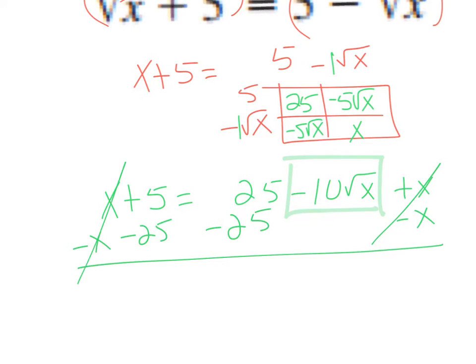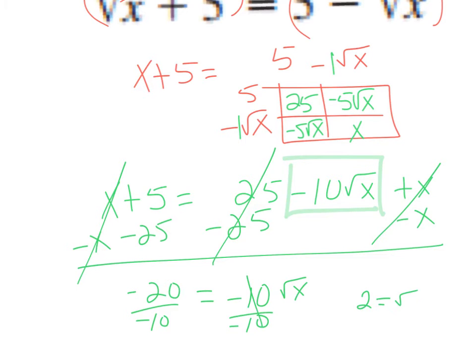These will cancel, these will cancel, these will cancel. You'll get negative 10 square root of x, and this will get you negative 20. Solve for x, so you're going to have to start to get that radical alone. This will get you 2 equals the square root of x, and then squaring both sides, you end up getting 4 equals x, because these guys cancel. Again, check, and you'll find out that 4 does indeed work.